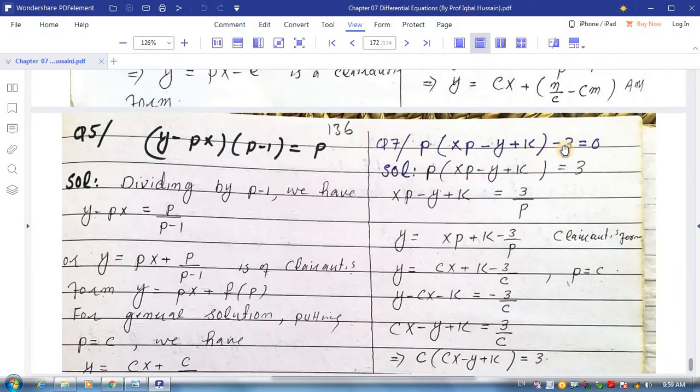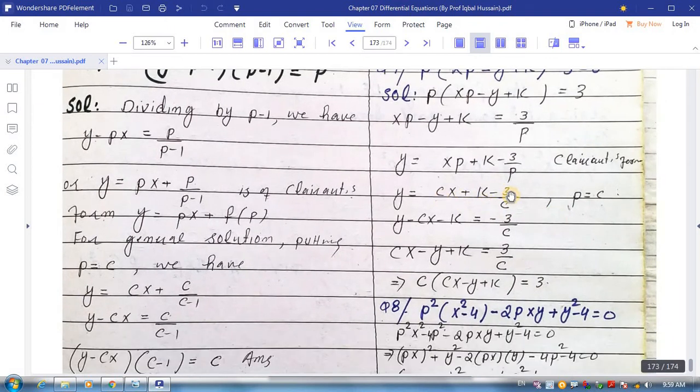Differential equation, transpose this term to the other side. Now dividing both sides by p, so this p will be here. Now transposing this y to the other side, we get y is equal to this one. This is Clairaut's form. Replace p by c, y is equal to cx plus k minus 3 divided by c.